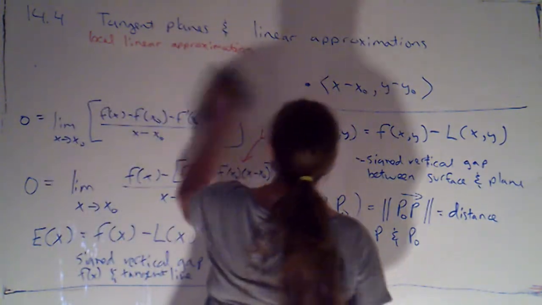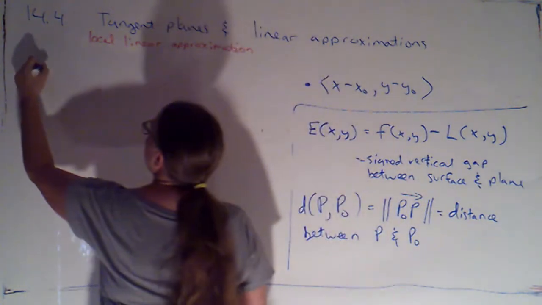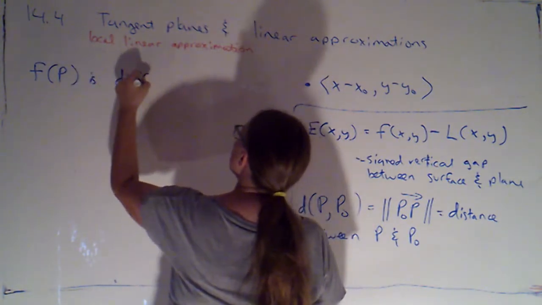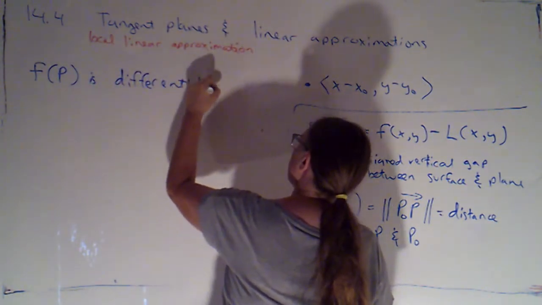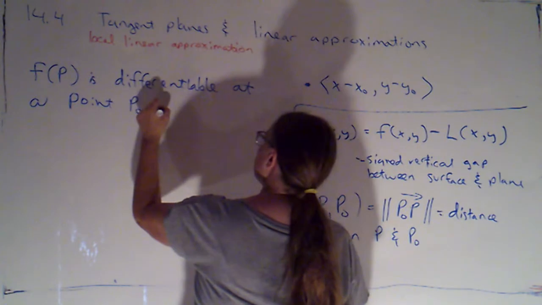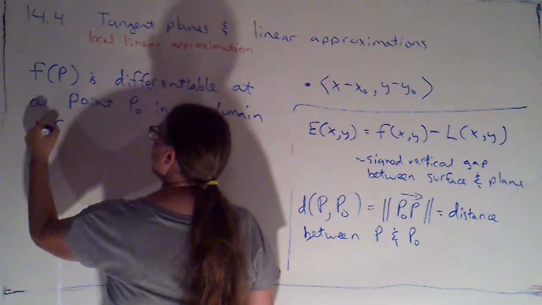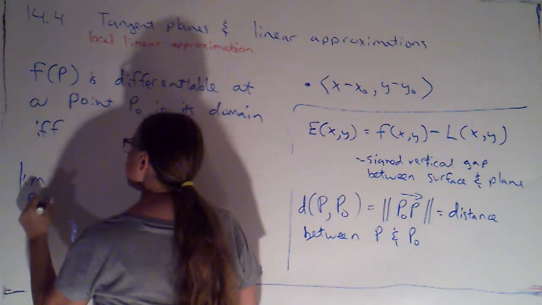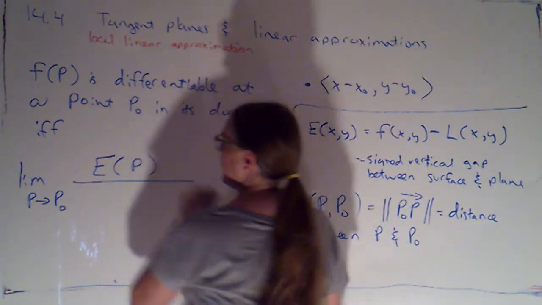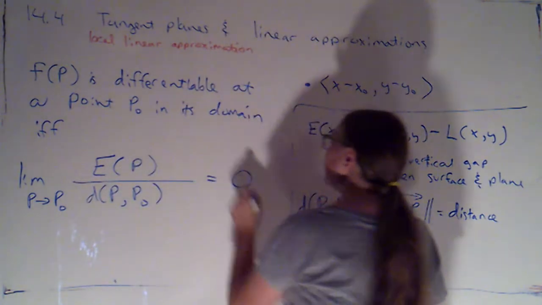So here's my definition of differentiability. F of P is differentiable at a point P naught in its domain if and only if the limit as P approaches P naught of E of P over the distance between P and P naught is equal to 0.